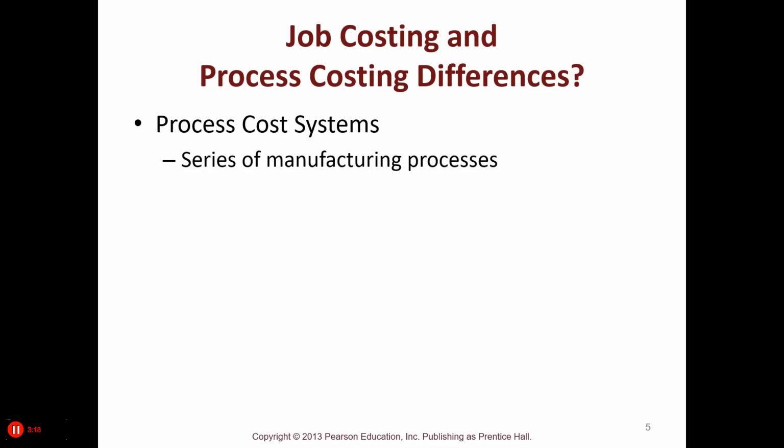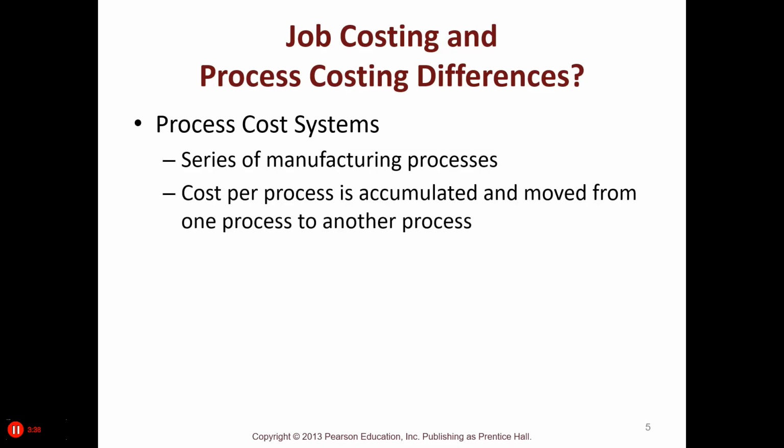To complete a product, it has to go through this process. Another example would be a hat. Say if we made hats, we made the same hat all the time, but what we do is we first have one department, they just cut out the hats. The next department assembles the hats. The next department puts the emblem on. That would be process costing.